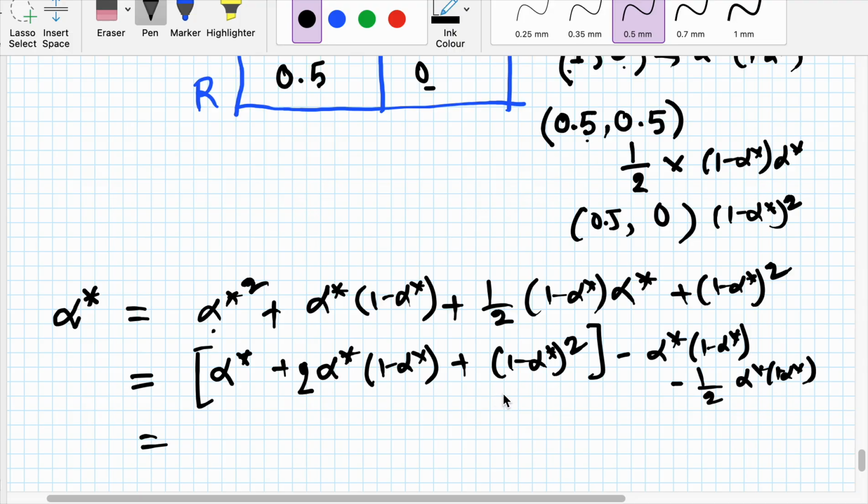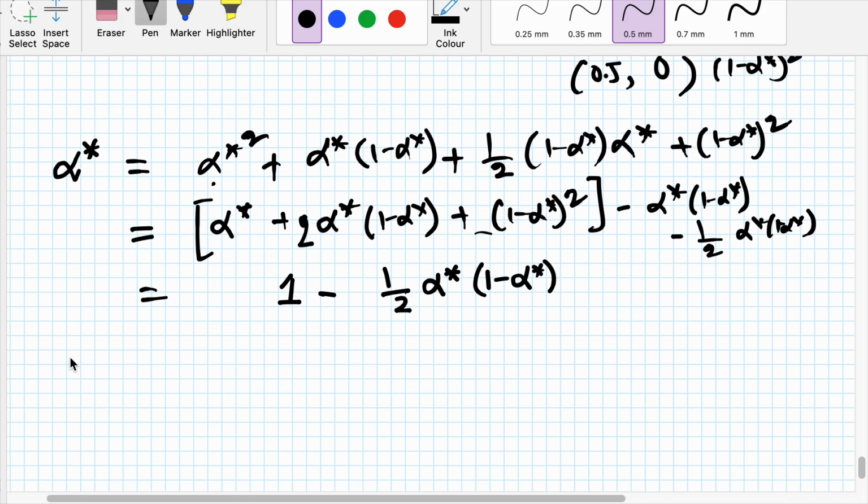So these will be 1 minus half into alpha star times 1 minus alpha star.